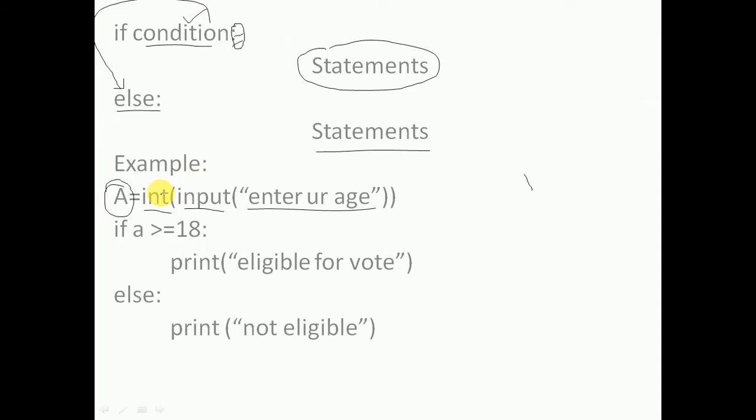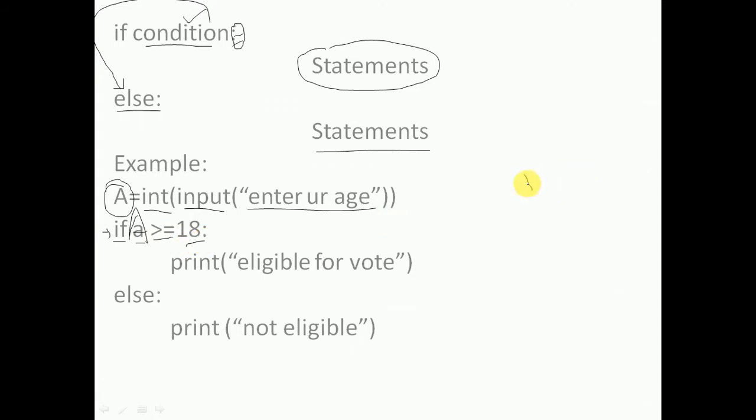Then in the next line, the question starts. If age, sorry, this should be a capital letter. It should be the same as the variable I have written here. If capital Age is greater than or equal to 18. You must have entered some age.